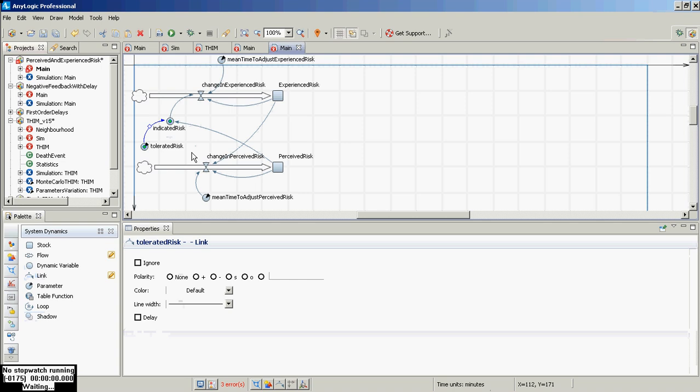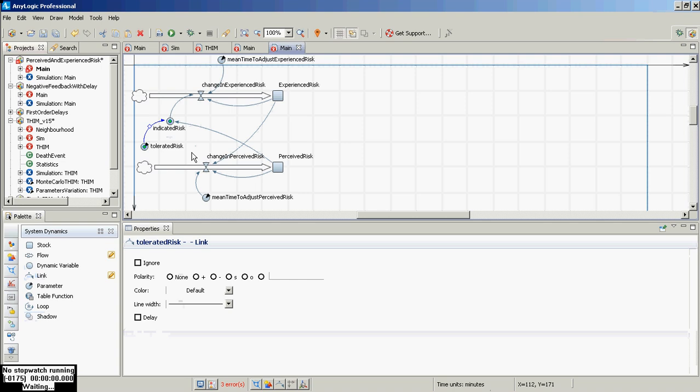If our perceived risk is above our tolerated risk, then we're going to try to lower our risk. I just realized I made a mistake in wiring this, but what I'm saying is true. If our perceived risk is above our tolerated risk, we'll try to lower our risk, and if our perceived risk is below our tolerated risk, we won't exercise that control.